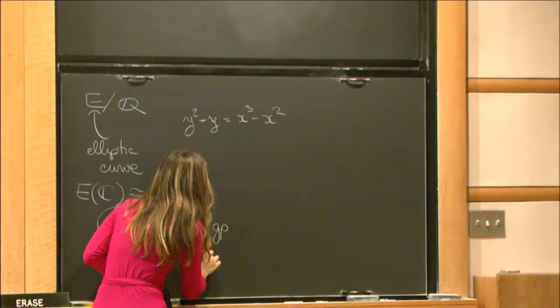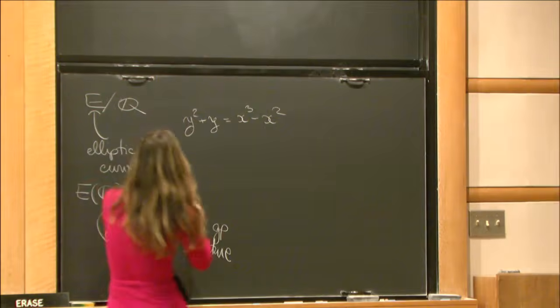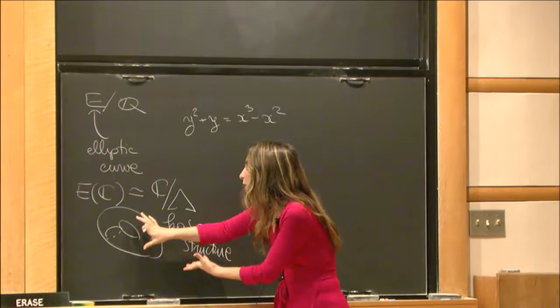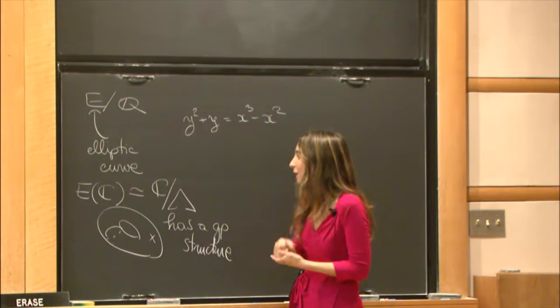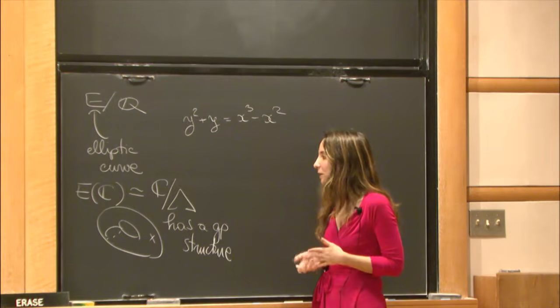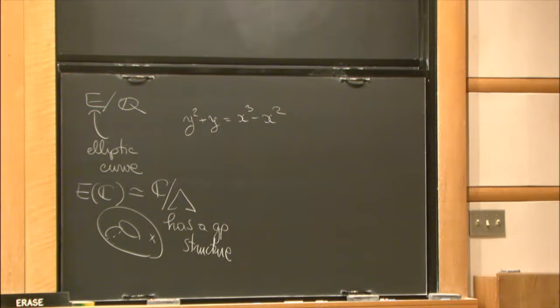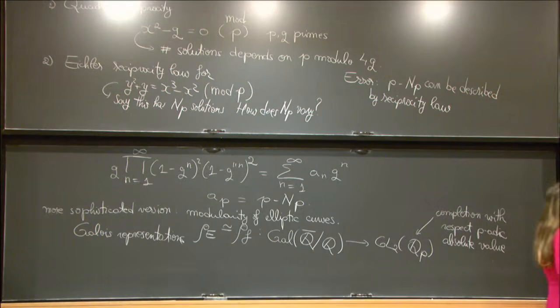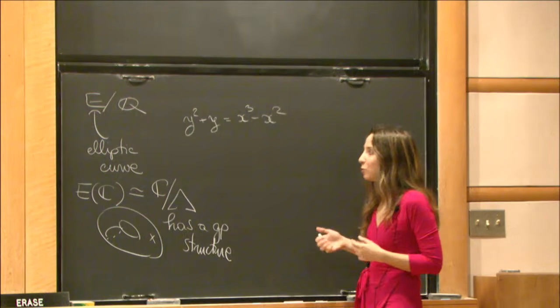And the group structure on the underlying Riemann surface is just induced from addition on complex numbers. So you can define what it means to add points on this torus, and it's just that you add complex numbers, but modulo this lattice lambda. And so in order to extract some number theoretic information from the elliptic curve, what you need to do is use the fact that it's a curve defined over Q, but also use the fact that it has a group structure.